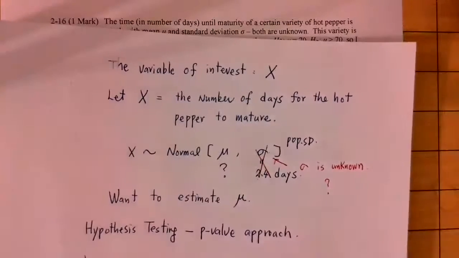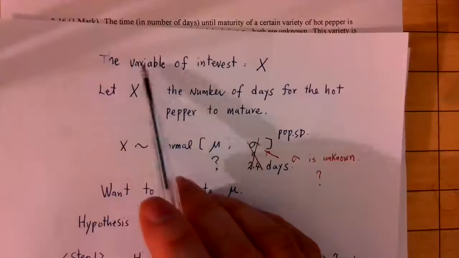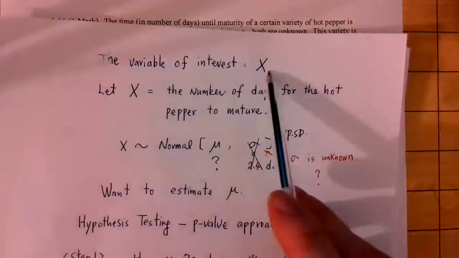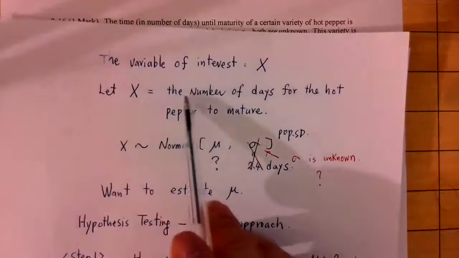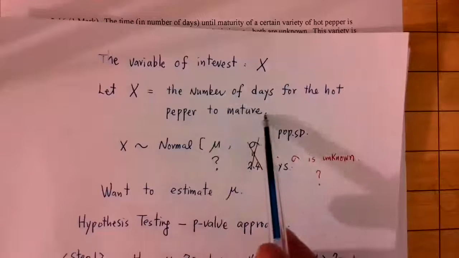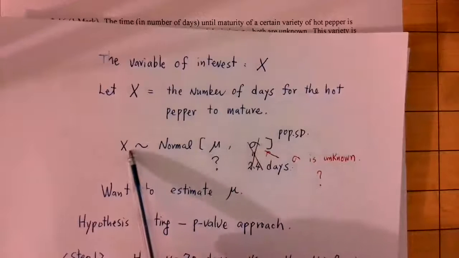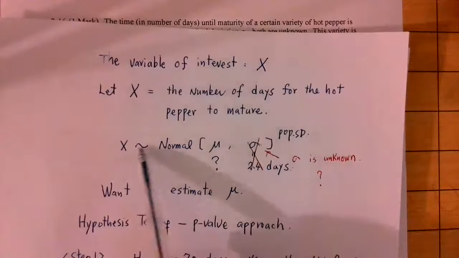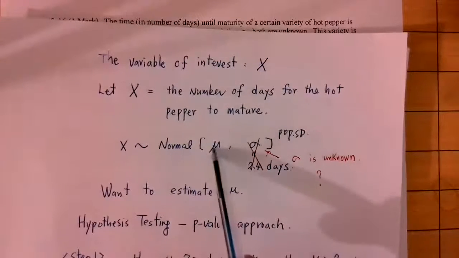Okay, let's look here. For this question, the variable of interest is X. Let X be the number of days for the hot pepper to mature. From the given information, we know X follows a normal distribution with mu and sigma.